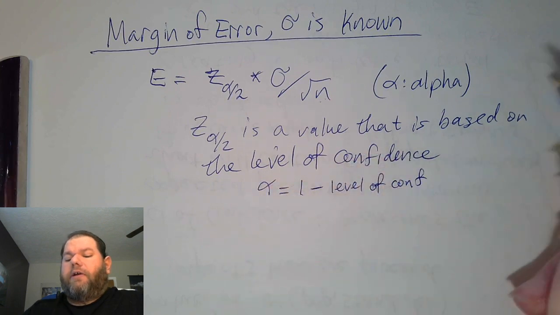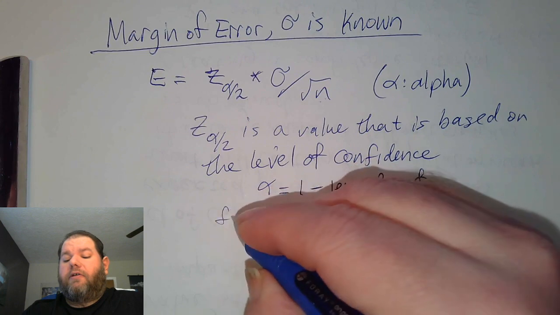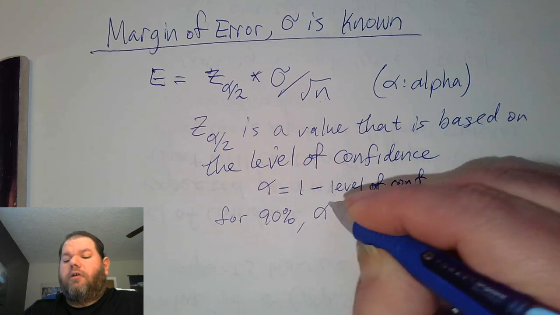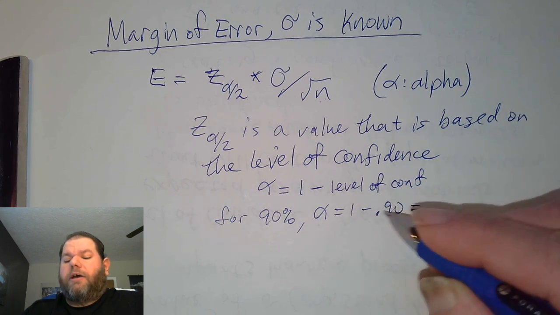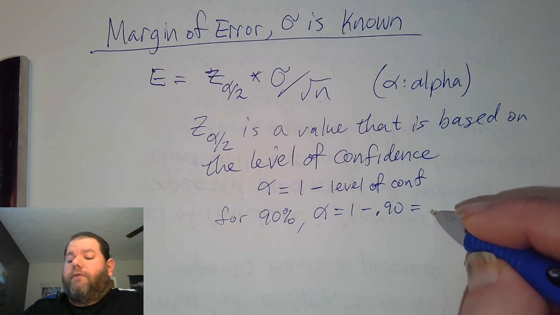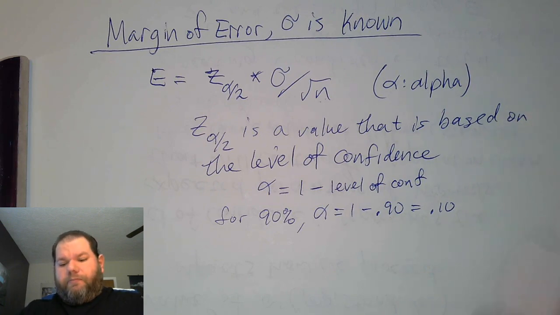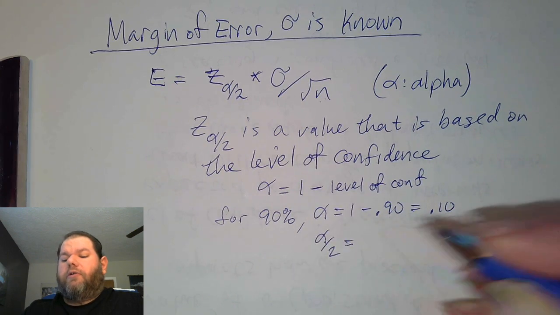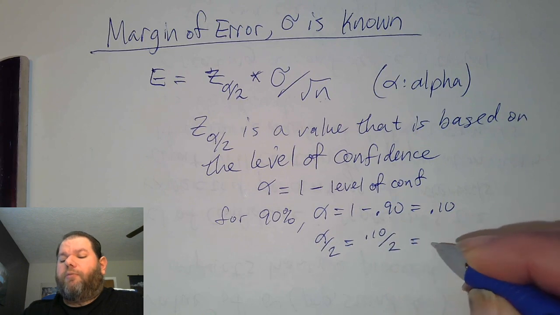So if we had, let's say we have 90% level of confidence, we get 1 minus 0.90, which will give us 0.10. Now, we want alpha over 2, so half of 0.10 will give us 0.05.